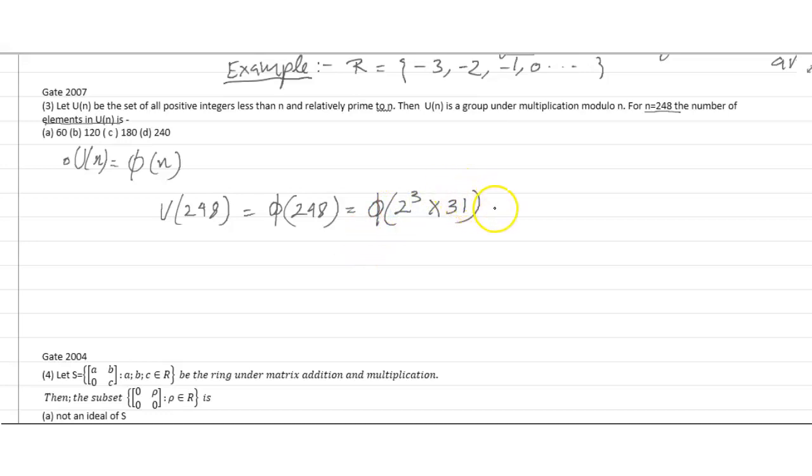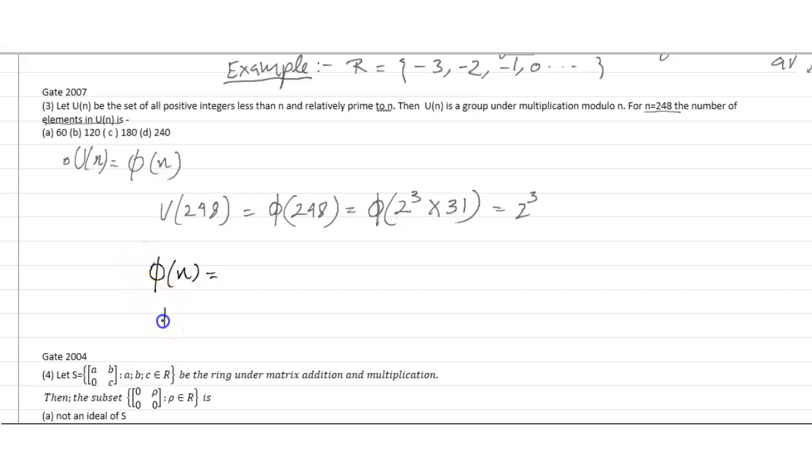Now friends, how can I write 2³? 2³ times (1 − 1/2). Now the formula of the Euler totient function, because I need to explain this portion, so you need to know what the Euler totient function is.